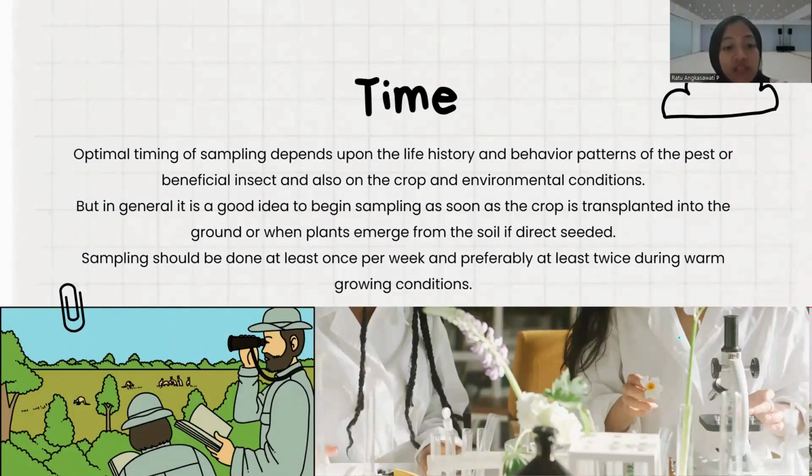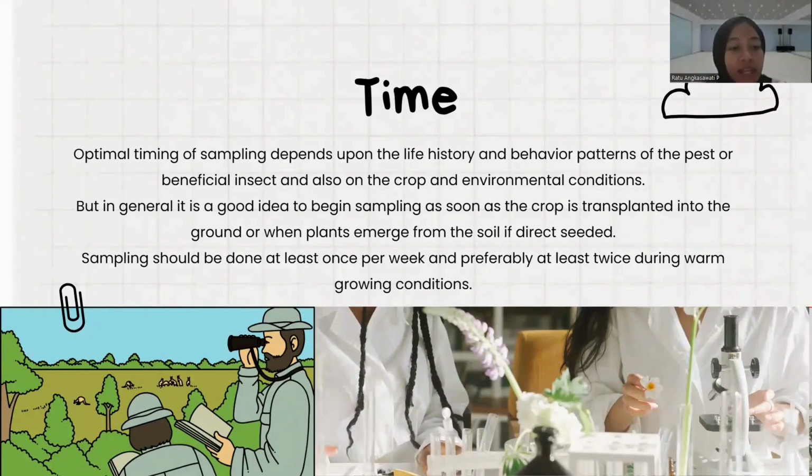But in general, it is a good idea to begin sampling as soon as the crop is transplanted into the ground or when plants emerge from the soil if direct seeded.